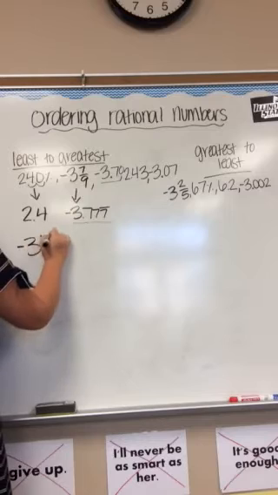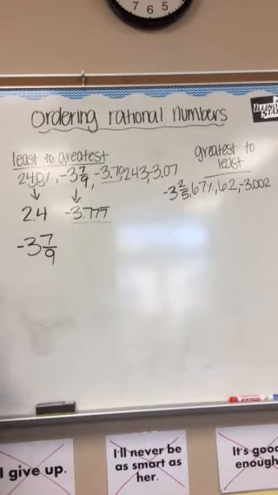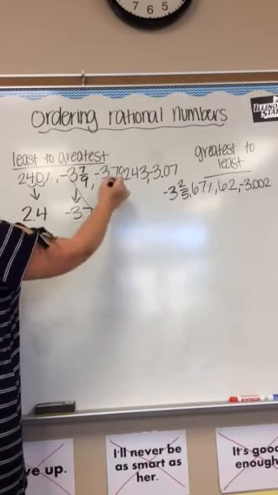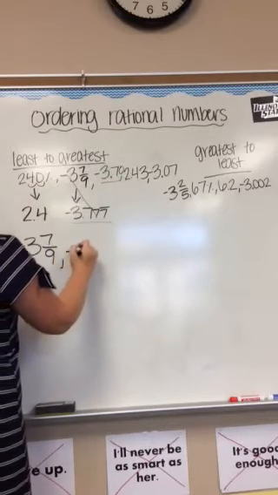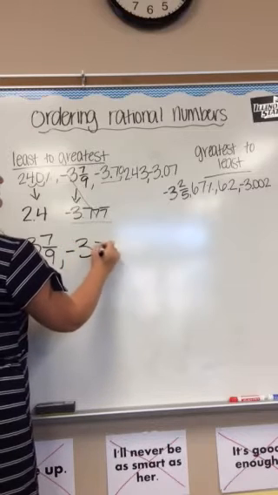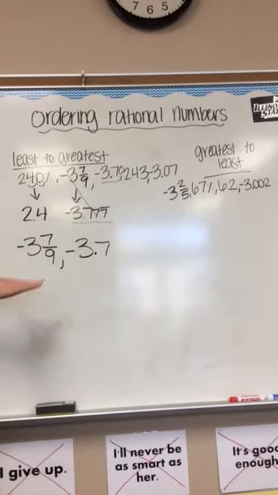So negative 3 7/9 is our smallest. It's the farthest away from 0. It's the most negative number. So we're done with that one. Then this one. And notice I'm putting it back into the original form. I'm not leaving it as a decimal anymore. Once I use it as a decimal, I don't need it.